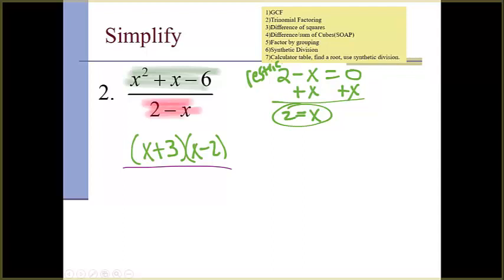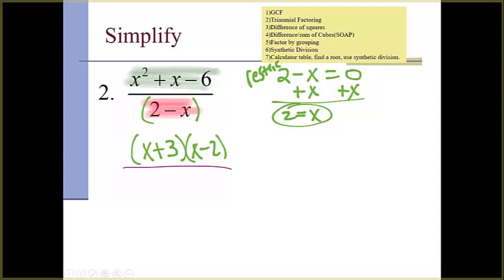Notice that you have 2 minus x. It's a married couple. If you wrote 2 minus x down here, you would look and say, nothing cancels. Well, here's a mathematical trick for you. Anytime you see the exact opposite, and when I say the exact opposite, notice that the 2 is a negative 2 here. The negative x is a positive x. They are exact opposite signs.